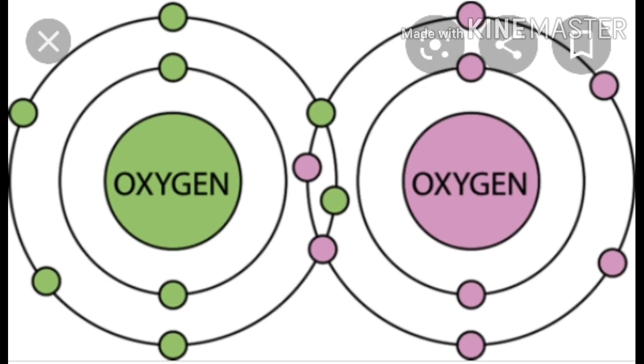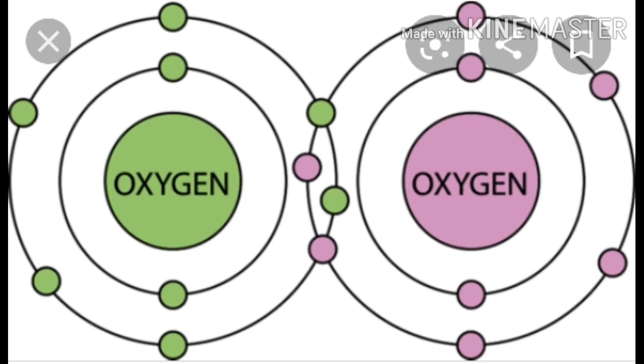So 2, 6 is the electronic configuration of oxygen. It needs 2 more electrons, since 6 is the valence electron count of oxygen, to attain 8. So these 2 electrons will be shared with the other oxygen atom. Oxygen atom 1 shares 2 electrons with oxygen atom 2, and oxygen atom 2 shares its 2 electrons with oxygen atom 1.